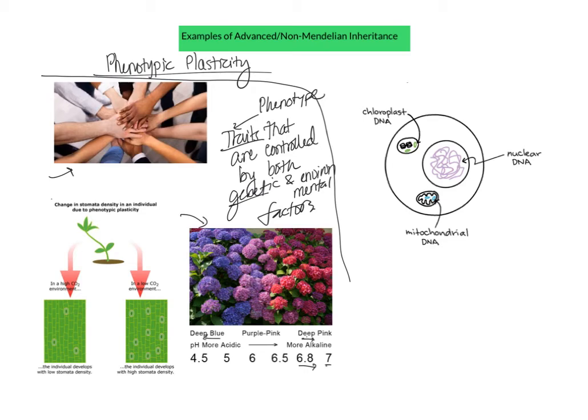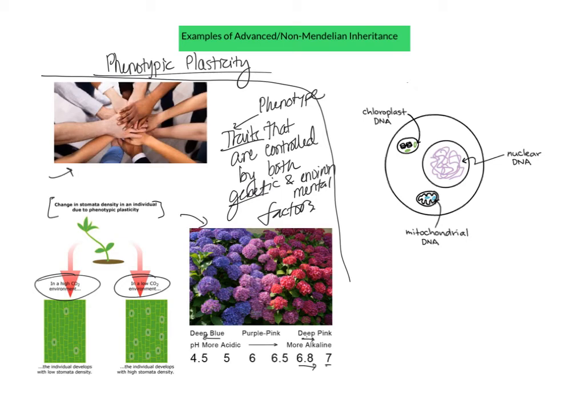And then lastly, on the bottom of a leaf of a plant, they have these valves of sorts called stomata that actually allow for gas exchange, for example, in the process of photosynthesis. And not only is the amount of stomata present on a leaf dictated by genetic factors, but also the amount of carbon dioxide present in the surrounding environment can influence how many stomata are on that leaf.